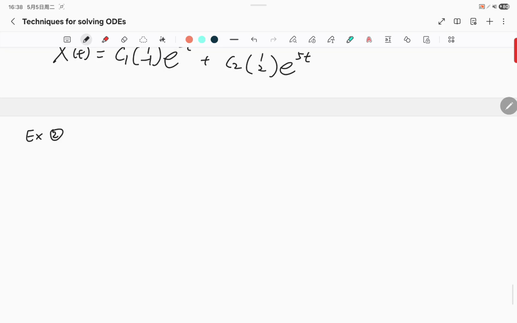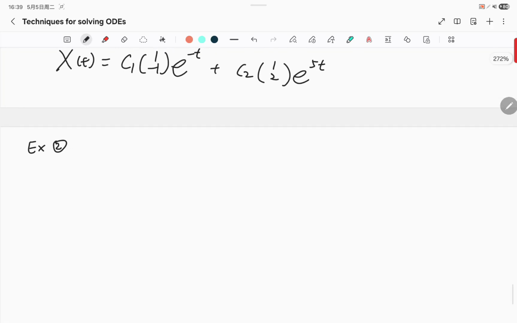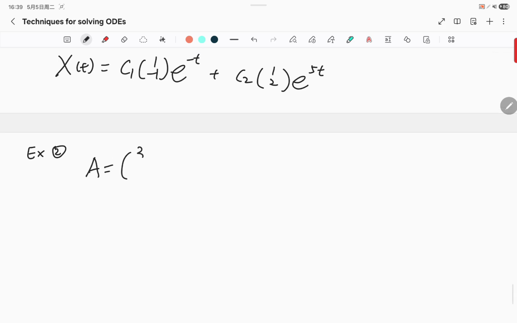Okay, so for the second case, let's do an example which yields one single root for the eigenvalue lambda. So we have the matrix A is equal to 3, -1, 9, -3.